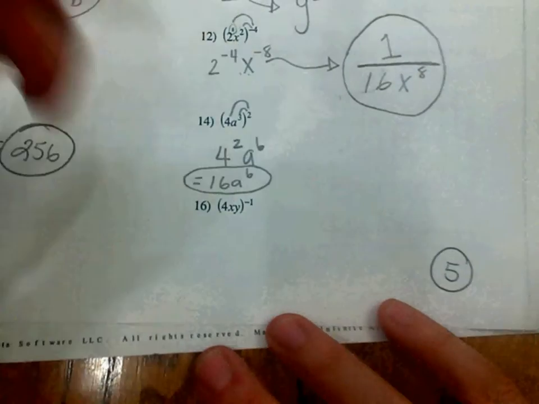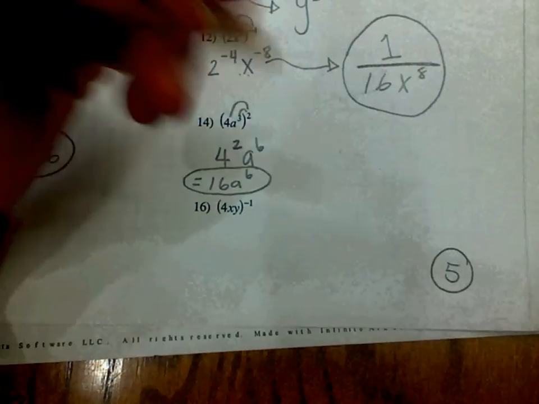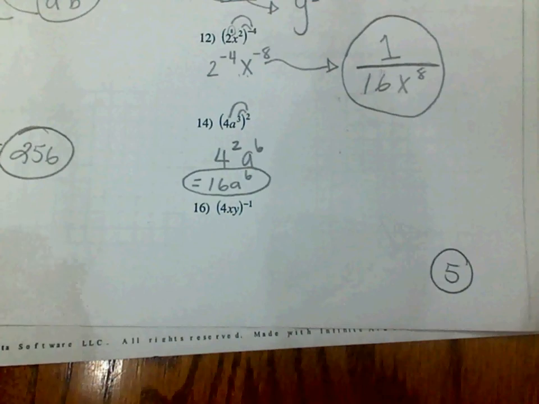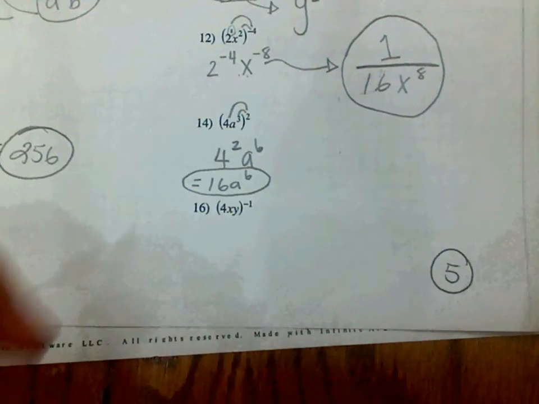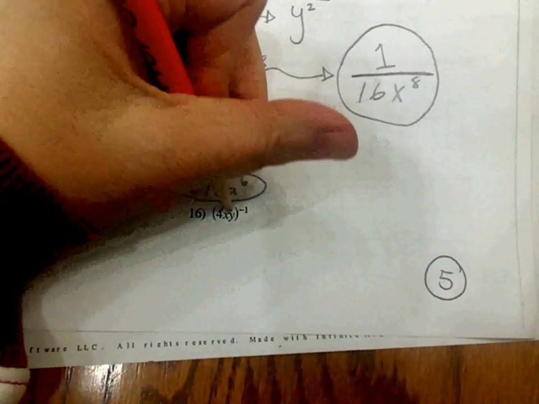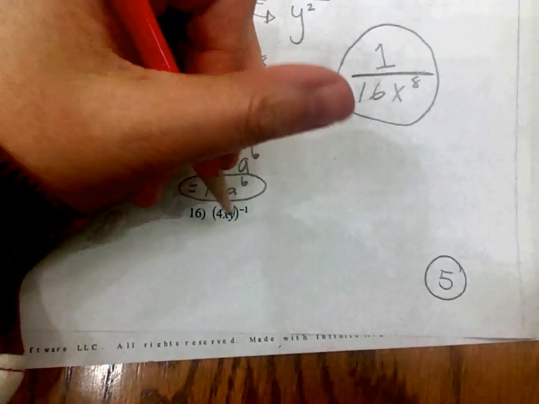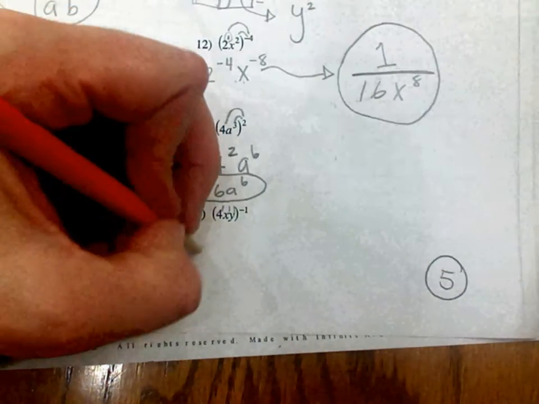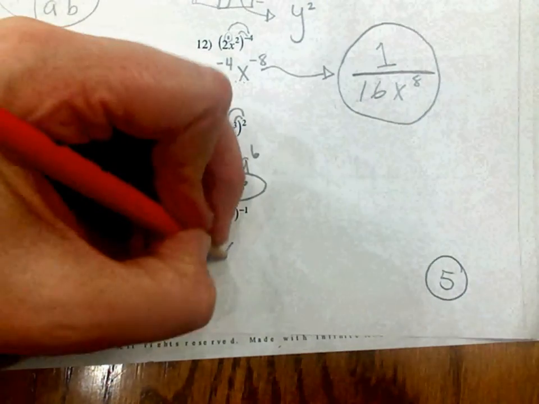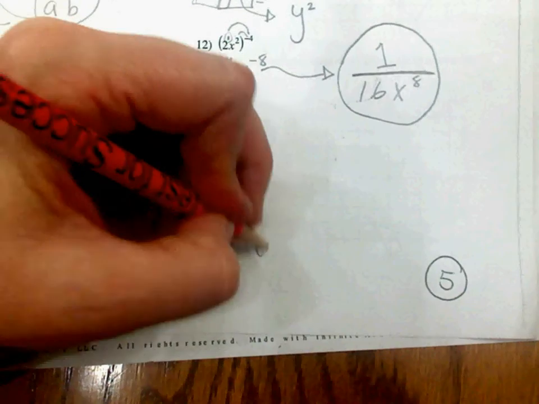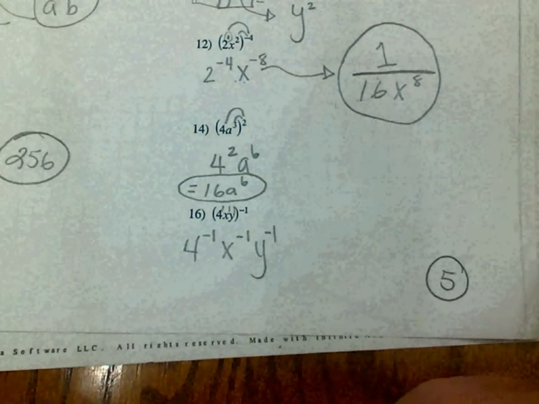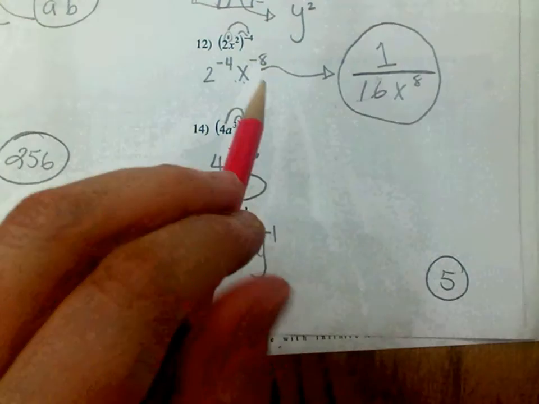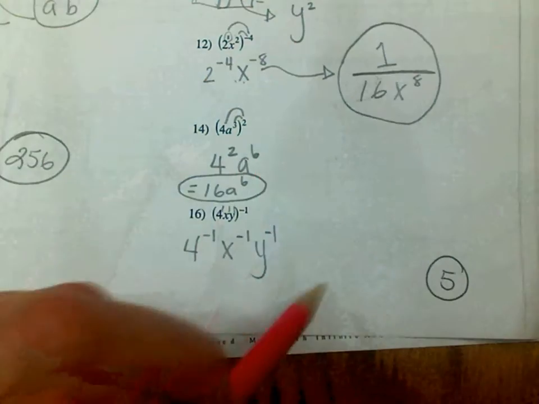Okay. This one. These all have an exponent of 1. So you need to multiply each exponent by -1. So you get 4 to the -1, x to the -1, y to the -1, and just like we did on the one above it, we're going to have to put all these in a fraction.